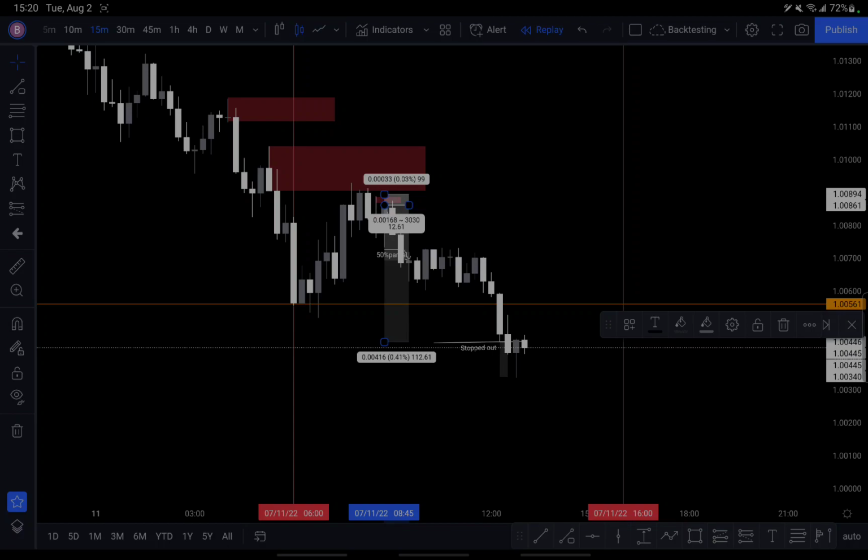Let price run and moved stop loss every other new low before getting stopped out. Okay, so that's a 12.61.